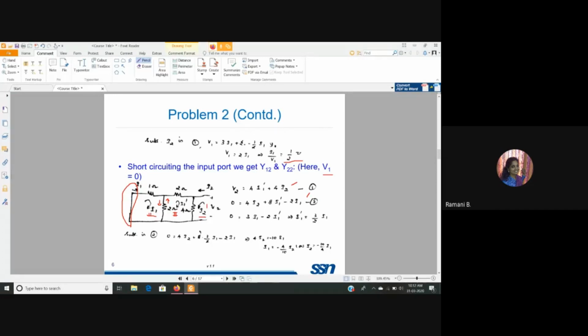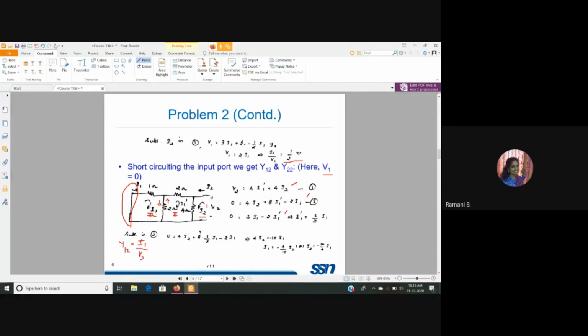Now considering this to be our third loop, our equation will be 4 I1 plus 2 (I1 minus I1 dash) equal to 0. So we get 3 I1 minus 2 I1 dash equal to 0. Now from this, Y12 is I1 by V2 and Y22 is I2 by V2.